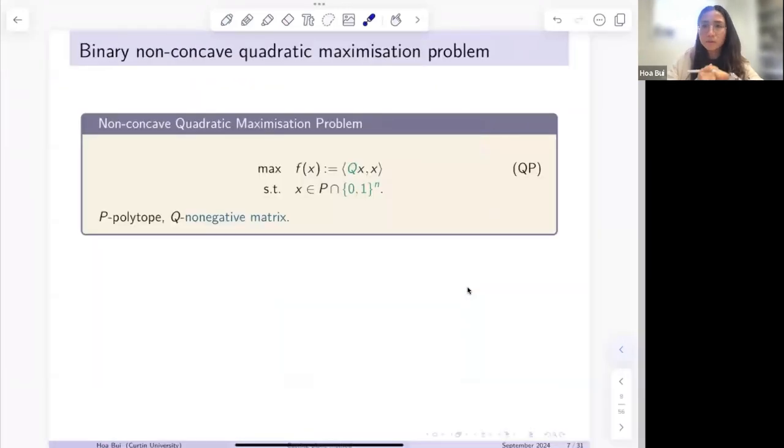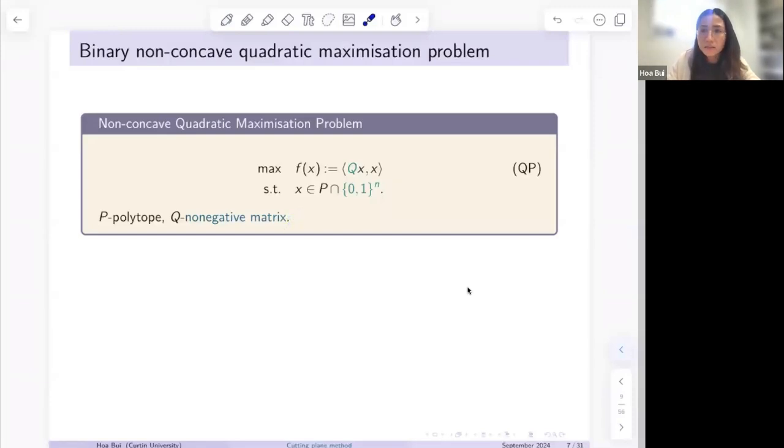In order to answer that question, let's go back to the original model that we are solving. So we solve a maximization of a quadratic function subject to linear constraints, our decision variable domain is binary, and the matrix we are considering is a non-negative matrix.